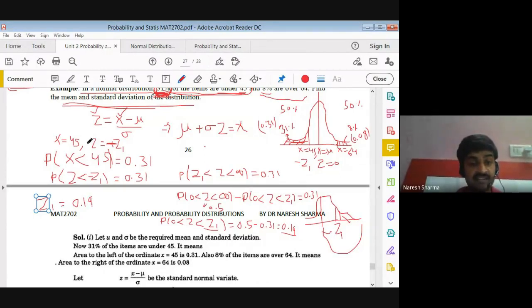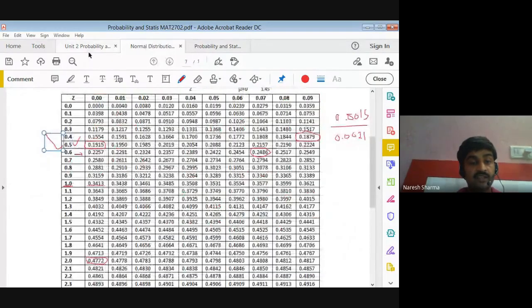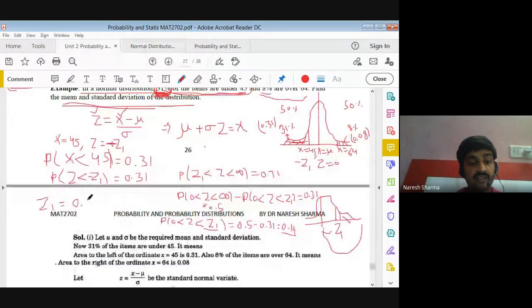And when x is 45, z is what? Negative. Sorry. This probability is 0.19 and the value is 0.5. So this is z1, but the actual point is minus z1, because when x is 45, z is minus z1, we assume.